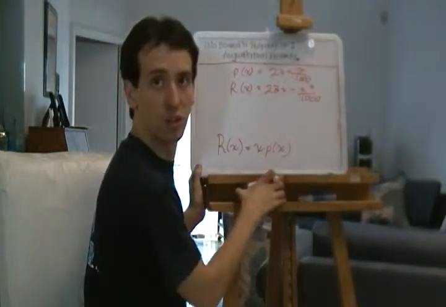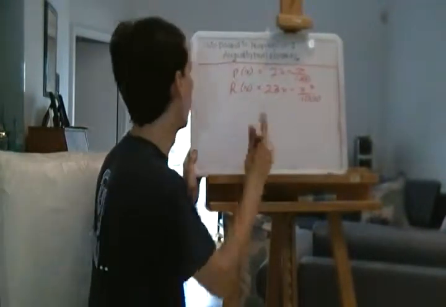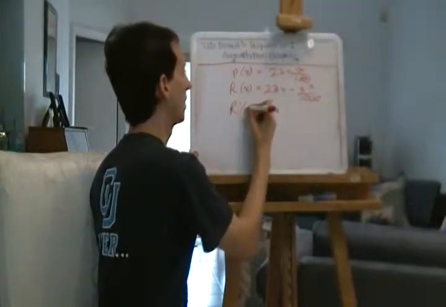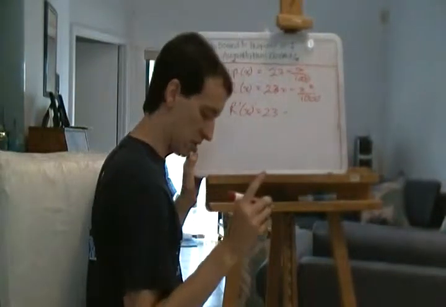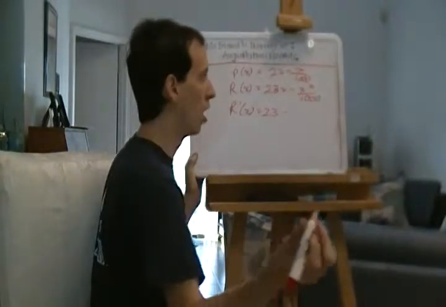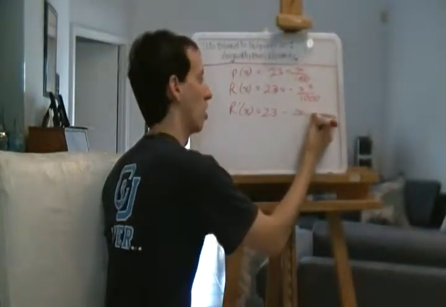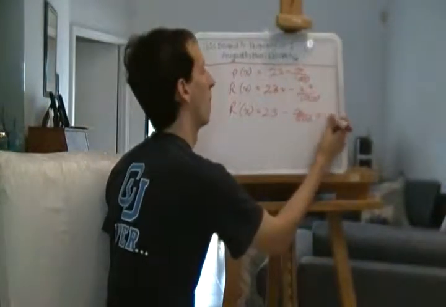And we already know what to do here. Now we're just going to optimize by taking derivatives. So R prime of X equals 23 minus 2X over 1,000, or X over 500, equals 0.